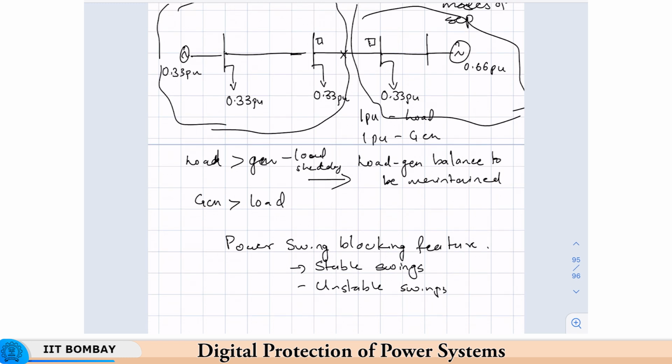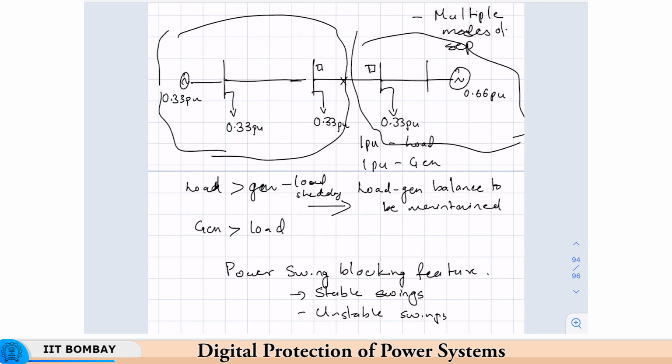In a stable swing, the electrical center will never appear, but zone 3 can operate or zone 2 can operate. Maybe the swing was stable, but the power swing characteristic encroached on the zone 2 and zone 3 of R1 and R2.